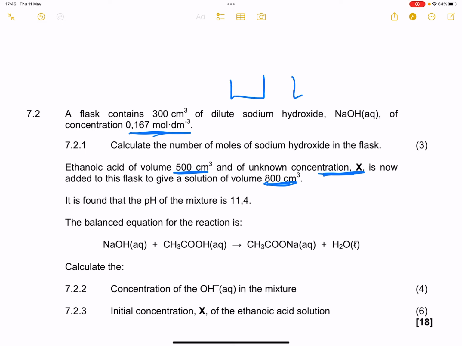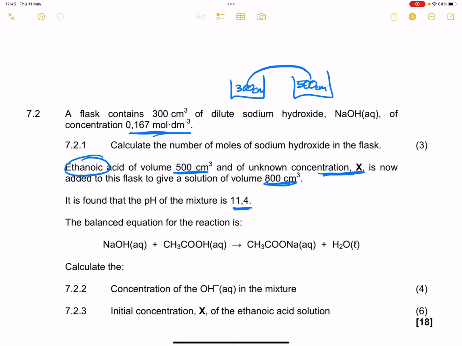You take two solutions. The one had a volume of 300 cubic centimeters. The one had 500 cubic centimeters. You pour the one into the other, and you end up with a solution of 800 cubic centimeters. And they say it is found that the pH is 11.4. Now, note, ladies and gents, what did we do?